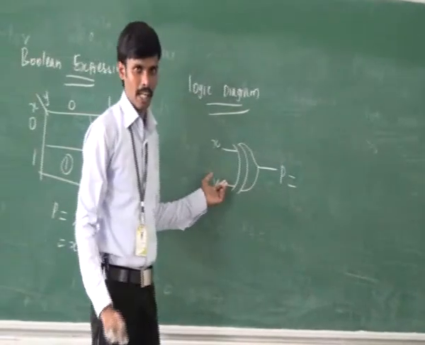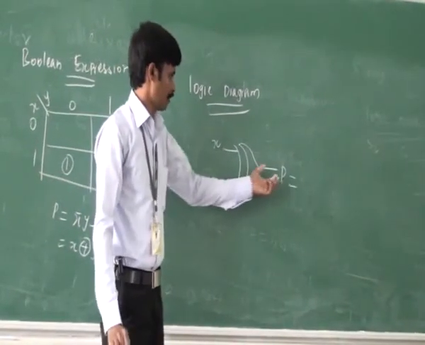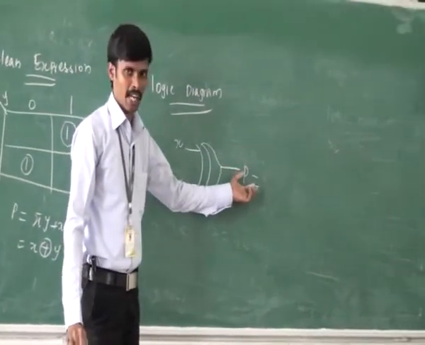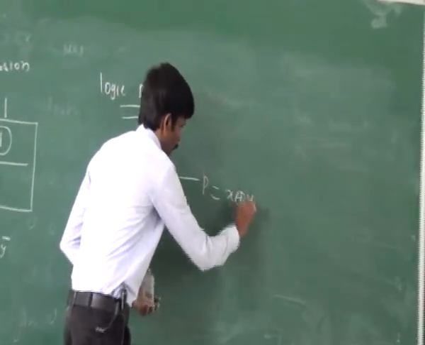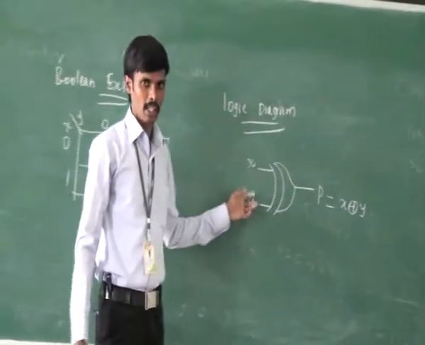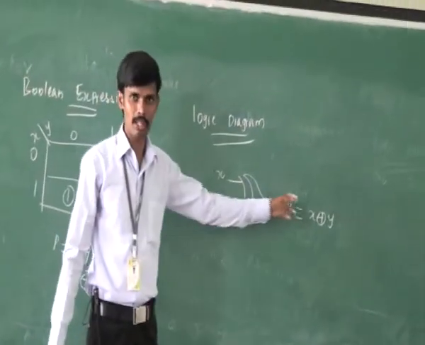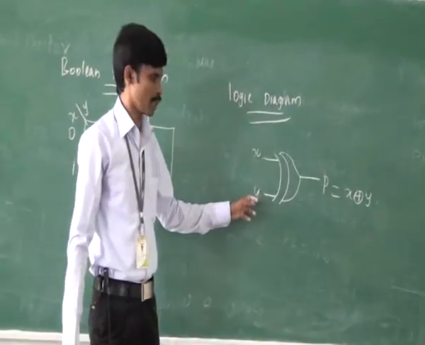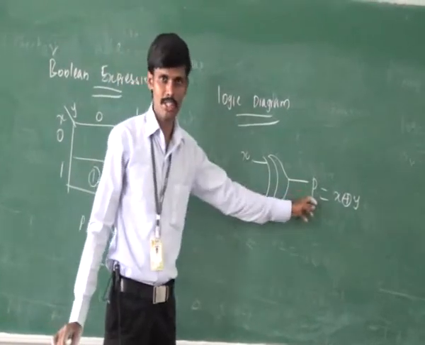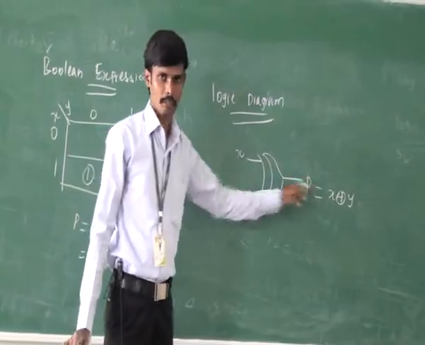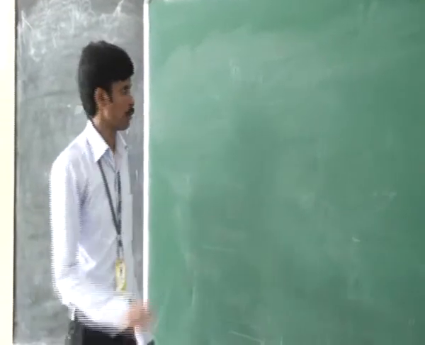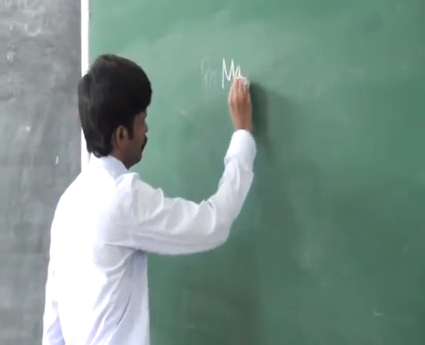This is the logic diagram for parity generator, where P is called the parity bit, which is equal to X XOR Y. When both the inputs are 0, then the output will be 0. When both the inputs are 1, then the output will be 0. When any one of the input is 1, this one produces 1.